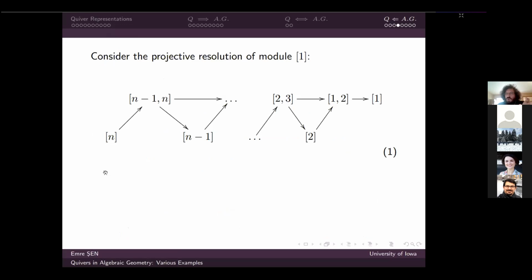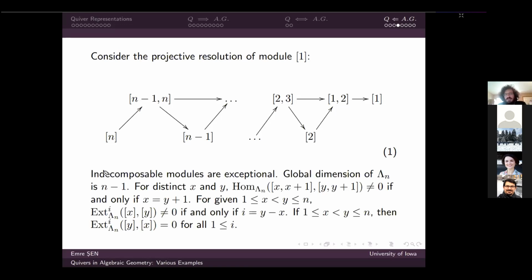And one can form the projective resolution. One nice thing about this generalization of the notion of exceptional sequences to quivers: if the algebra is not hereditary, one needs to consider all possible extensions, right? So this algebra is kind of interesting because its global dimension is n-1, because the resolution stops at the simple projective at n.